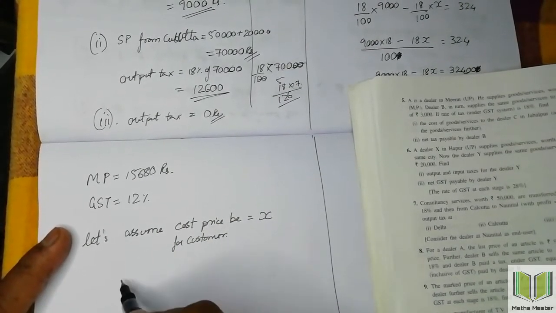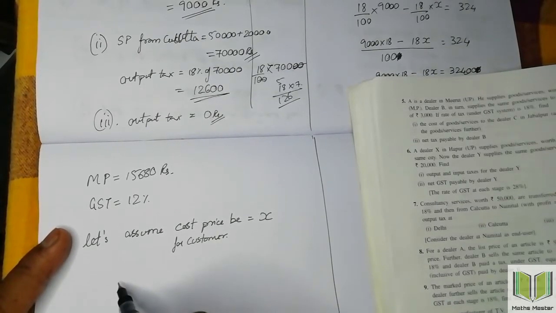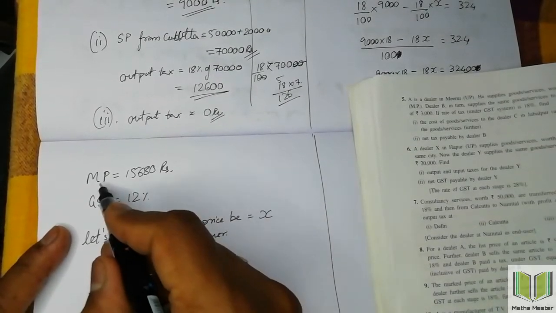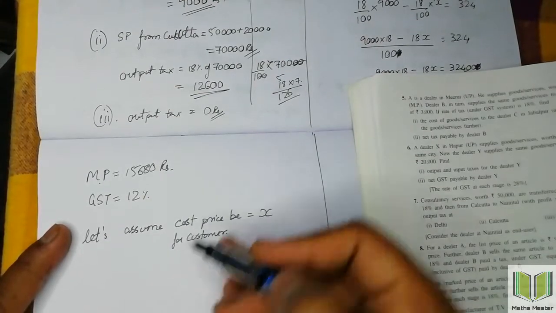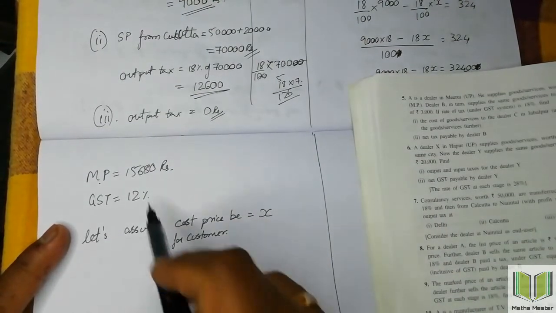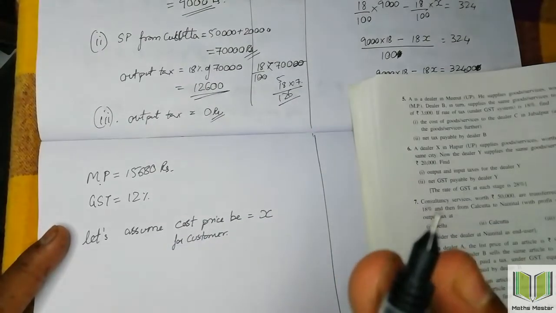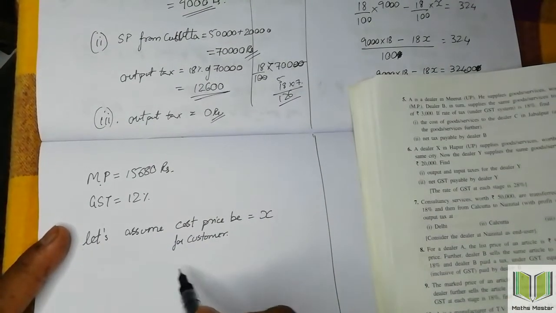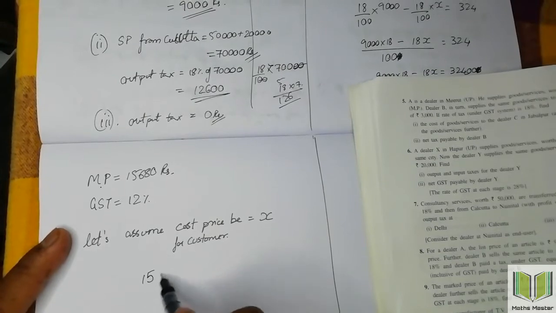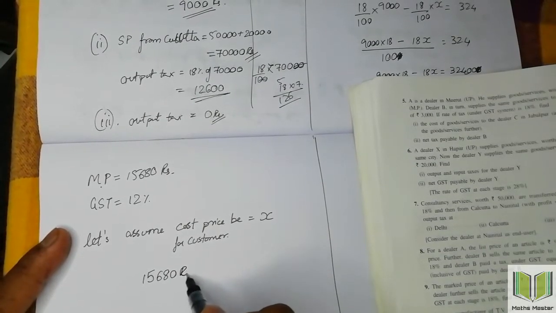So what he is asking is, if the market price is 15,680, sell it to me in such a way that I should pay only 15,680, but it should include GST as well. That is what the customer is asking. Now 15,680 rupees should be the total amount he is paying.